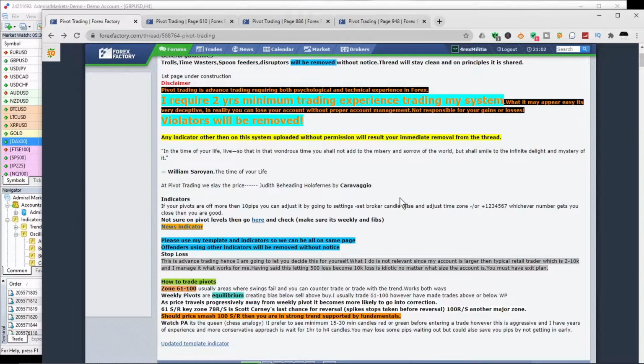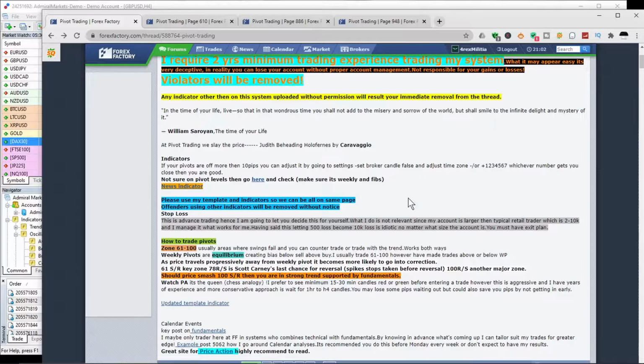Most likely he's using areas of consolidation and those support and resistance levels that are probably on higher levels, or the pivots, or both of them in conjunction together to find his exits. Okay? So I will go through all of that, and let's go to the charts to see what I can see.